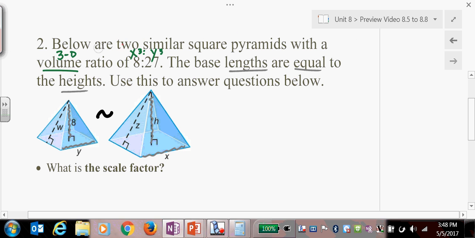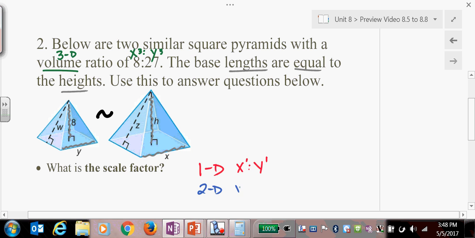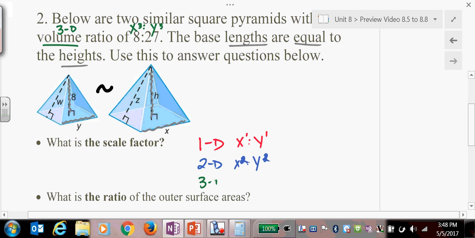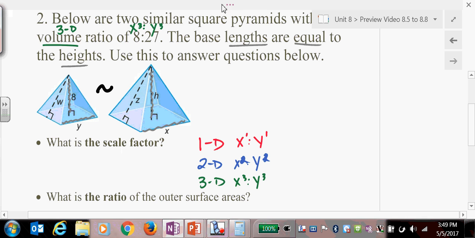Let's get our ratios. 1D is x to the first, y to the first. 2 dimensions is x squared, y squared. And 3 dimensions is x cubed, y cubed. So we have to work ourselves backwards. This 8 to 27 is in 3D.